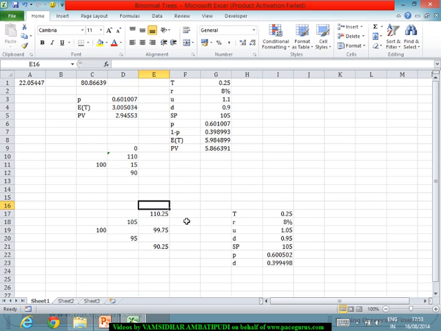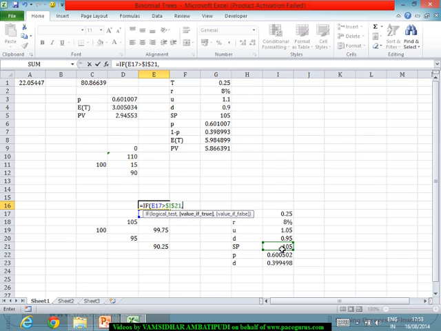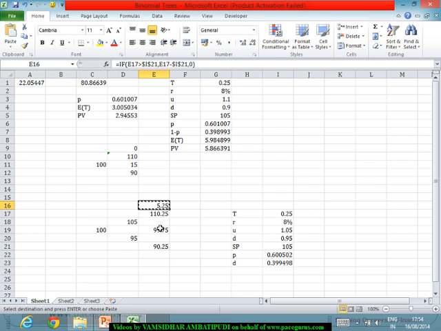So here, if I'm talking about a strike price of 105, I could very well say that if the market price is greater than the strike price, I'll take the difference between them as the payoff, correct? Otherwise I'll take it as 0. So here the payoff is coming out to 5.25, whereas here it is 0 and here also it is 0.